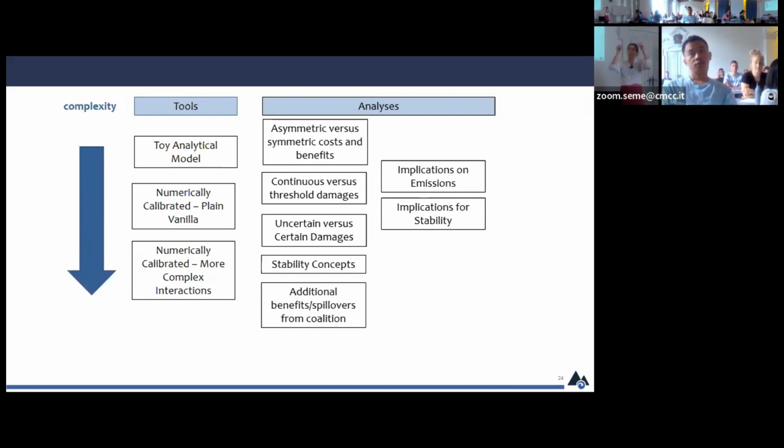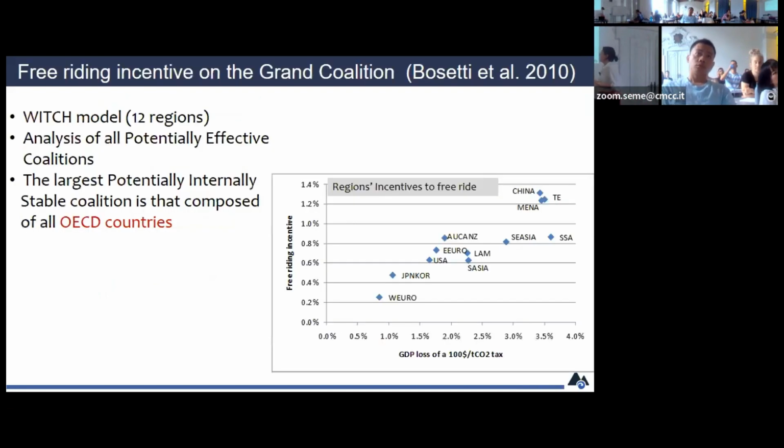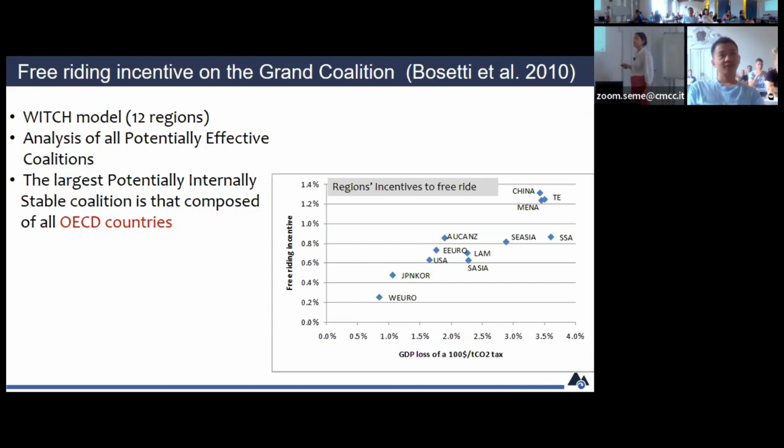So you want to concentrate on potentially effective coalitions that have some emissions in there, and then see which of these coalitions are stable. Now, this is a graph done, I guess, 15 years ago, and it doesn't show any of the characteristics that Kai suggested. But at least I have the name of the group or region near the dot, so that helps in reading it.